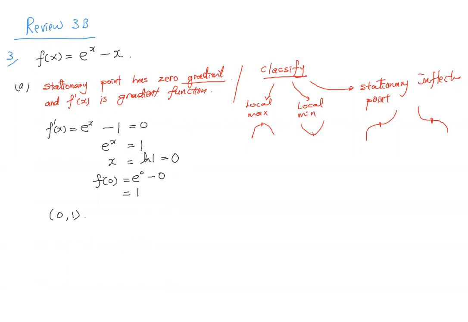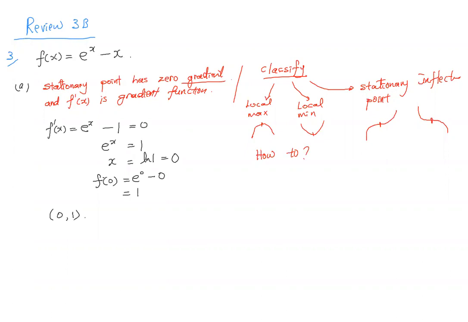Okay, so how are we going to classify this, based on what we have here? How are we going to classify it, Hafiz? So now our issue is how to classify. Yes, Hafiz?